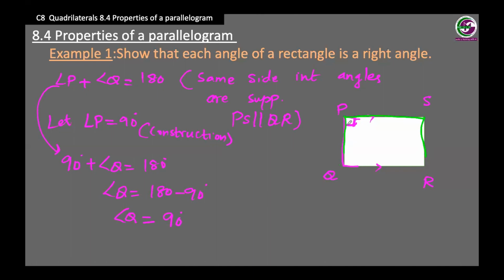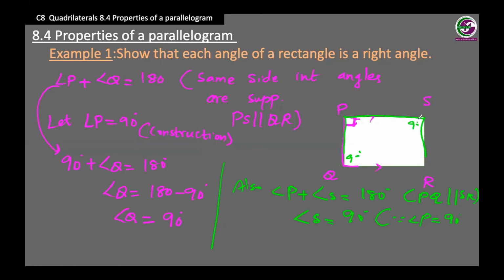So also angle P plus angle S is equal to 180 degrees because PQ is parallel to SR. But you know angle P is 90, so angle S is equal to 90 degrees again. So we get all the three are 90, here 90, 90, 90.